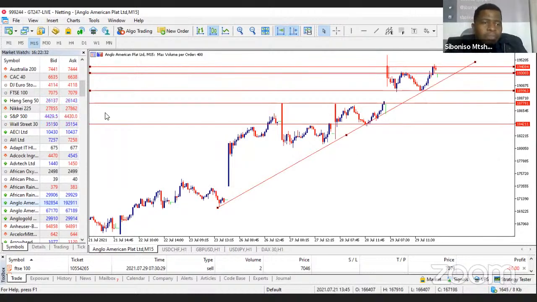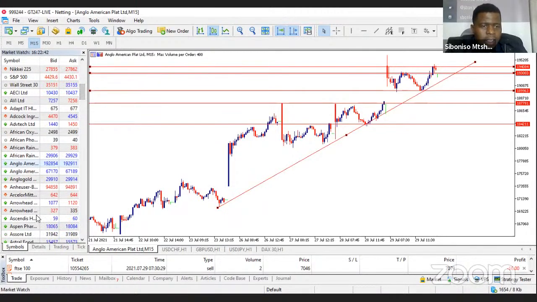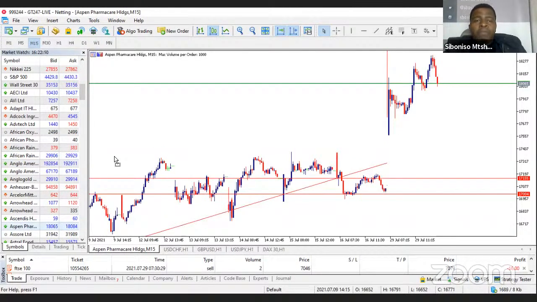Okay, so other than Anglo-American, I'm trying to recall which one we also checked yesterday. Let's check out Aspen. Ever since Aspen was given the contract to produce this vaccine, the share has been behaving very bullish.